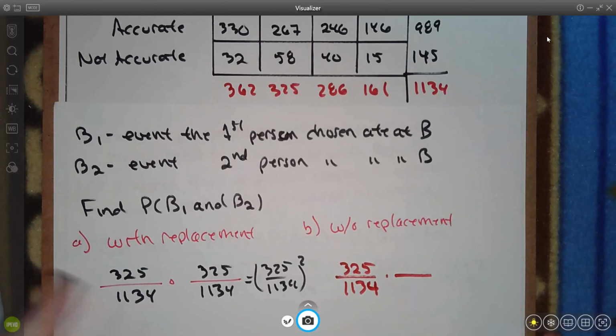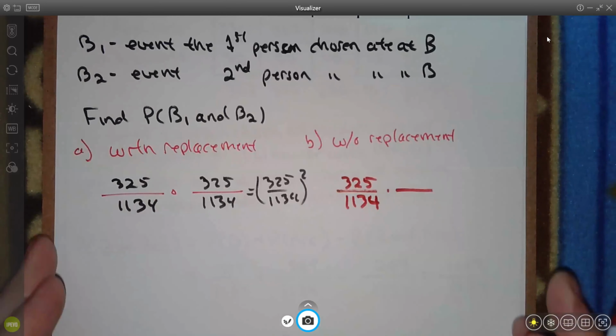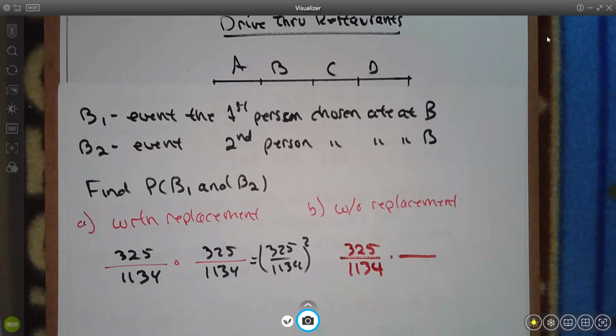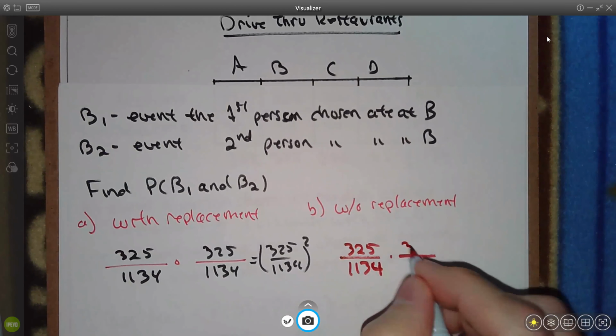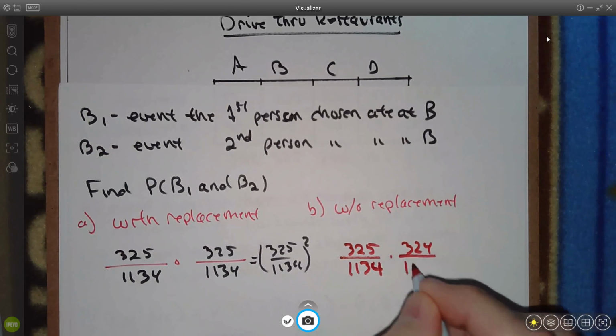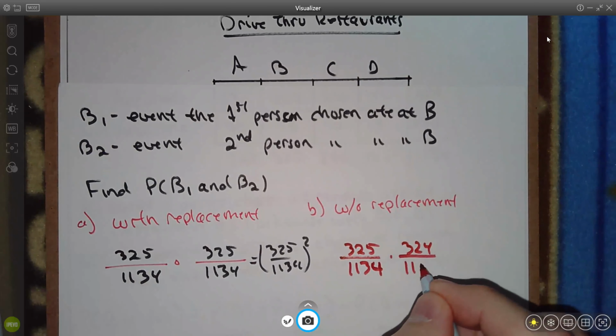But if I don't put that person back into my table, what's the chance of getting somebody on the second draw that went to restaurant B? 324 over 1133.